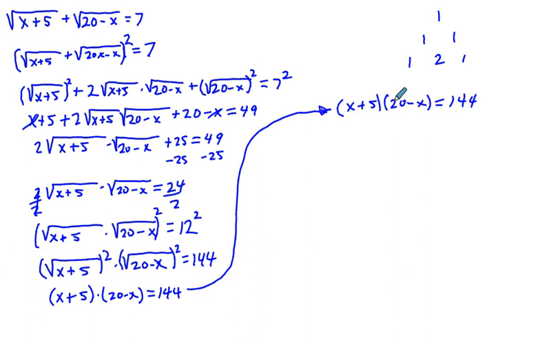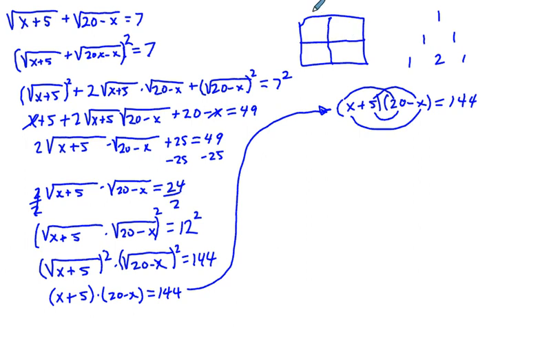And so what we do is we use the distributive property of algebra and multiply these together. Another thing you can do is use a box method like this and multiply x plus 5 by 20 minus x.